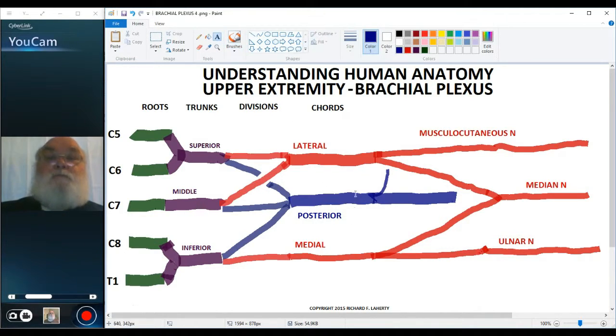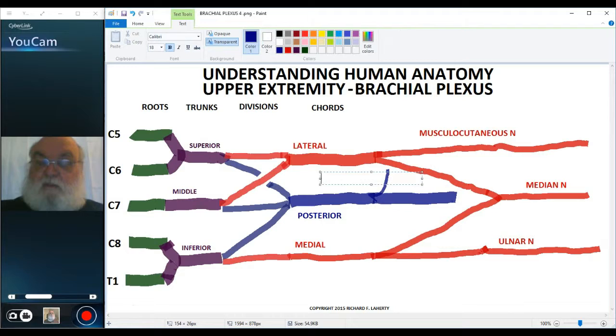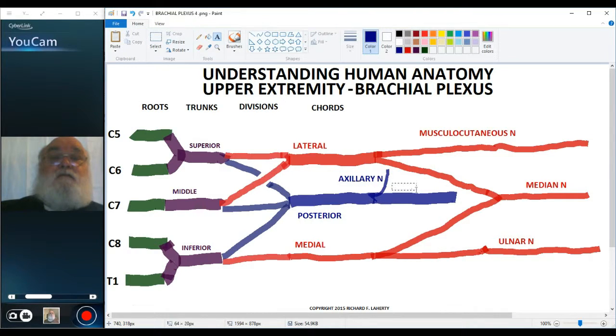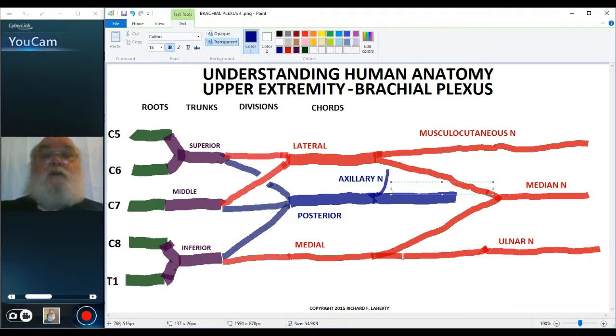The small branch is the axillary nerve. And it's the smallest of the nerves. And the large branch that continues from the cord is the radial nerve.